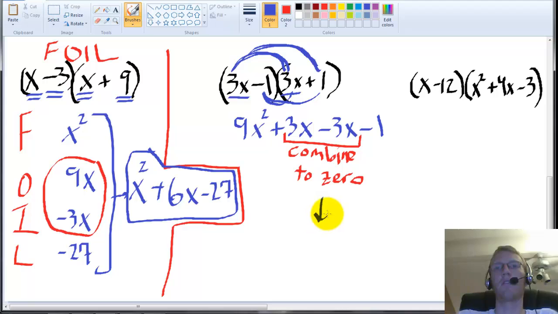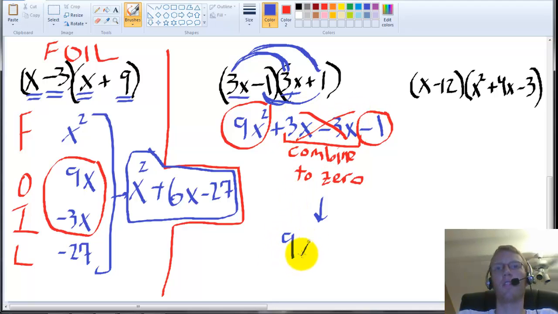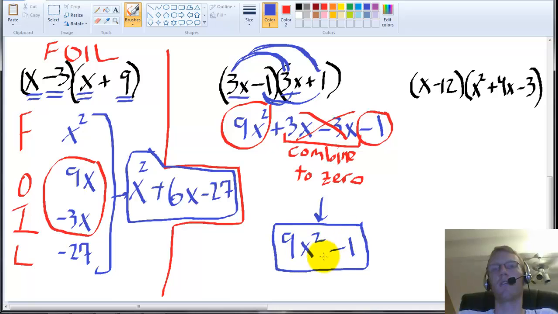So what's my final answer? This guy is left over, and this guy is left over, but the middle 2 pieces, they cancel out. So my final answer for this problem is 9x squared minus 1. This is called a difference of squares, and we'll talk about this probably in another lesson.